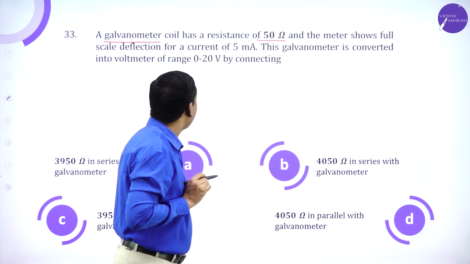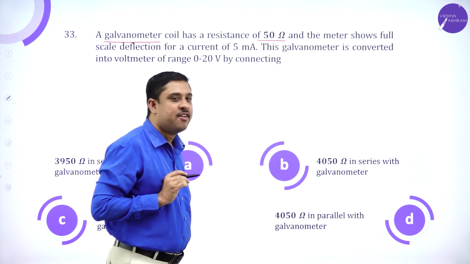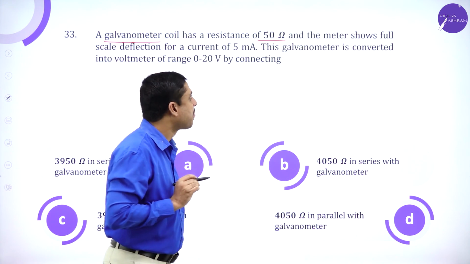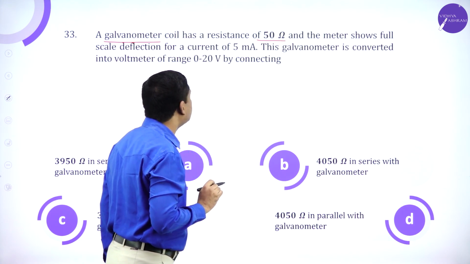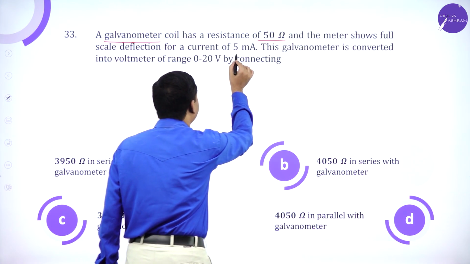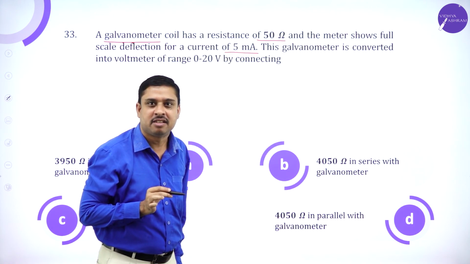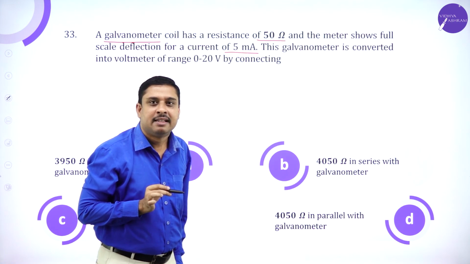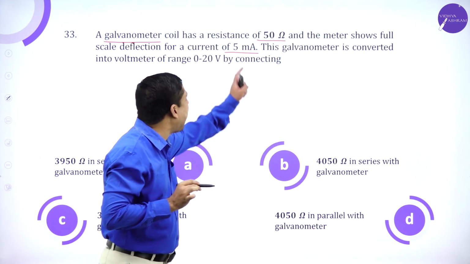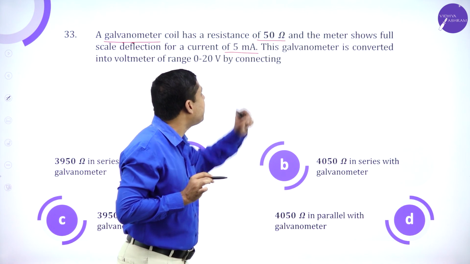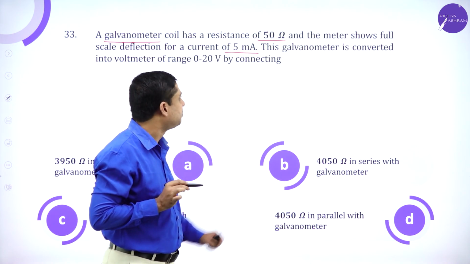Galvanometer of resistance 50 ohms, and the meter shows full scale deflection for 5 milliampere current. So, current flowing through the galvanometer is 5 milliampere.